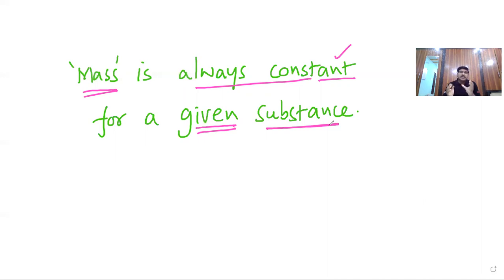Suppose, for example, if you take a mango, in that particular substance, the amount of matter present is always constant. If you take another mango, the amount of matter present in that other mango is always constant for it.